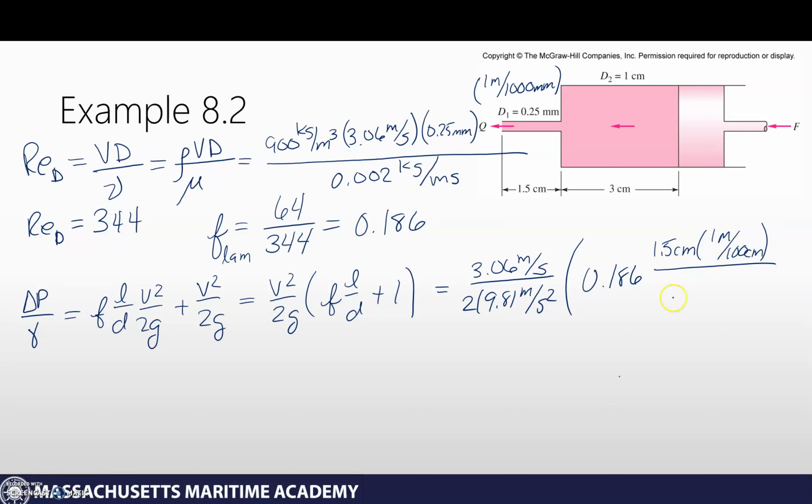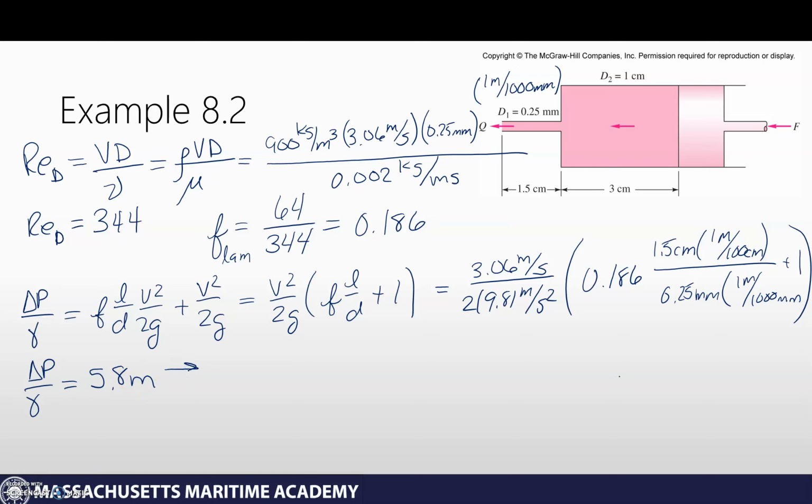Divide that by our diameter, 0.25 millimeters, multiply that by 1 meter is 1,000 millimeters, and it'll be plus 1. Now if we multiply all that out, delta P over gamma is going to be 5.8 meters.